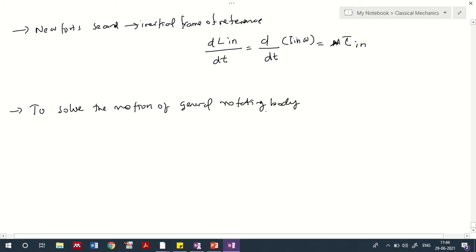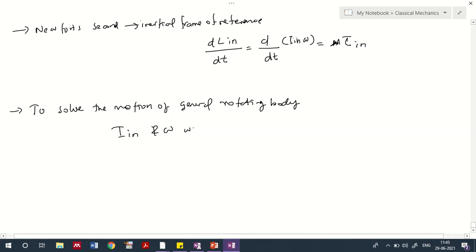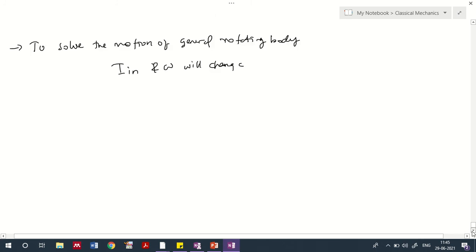In that case both the moment of inertia tensor and omega can change in rotation, and that is the important point. That's why we are introducing a new equation of motion corresponding to a rotating body. In the last class we considered two frames of reference, P and P dash.